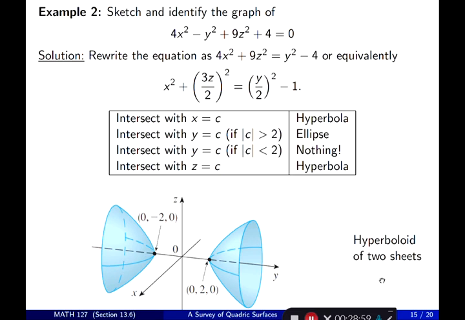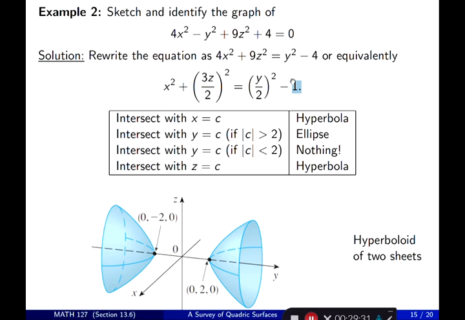So again, what we started with was that we keep the two variables with the same sign on one side, and the other one with the different sign on the other side. If you want to have exactly the standard form of this, then you have to divide all by 4, so you can get a 1 over here basically.